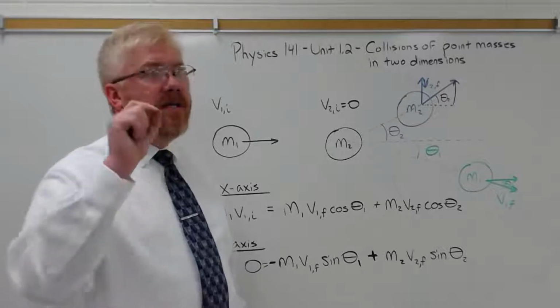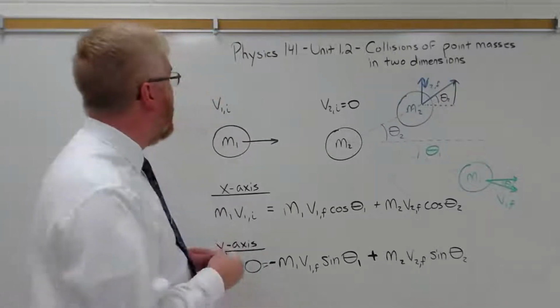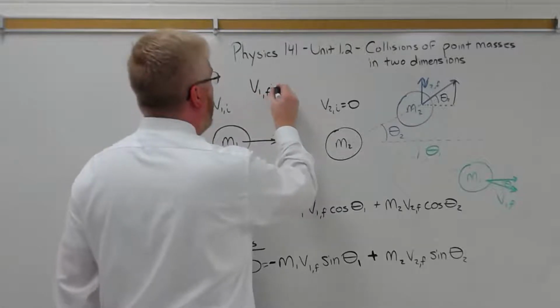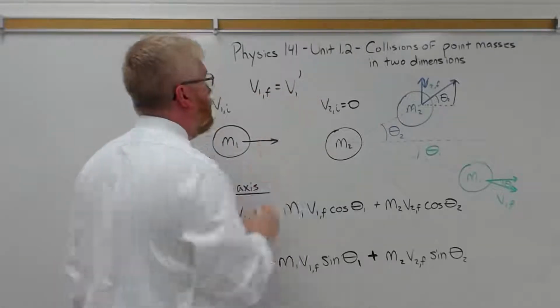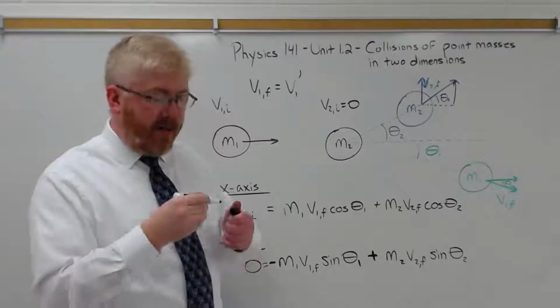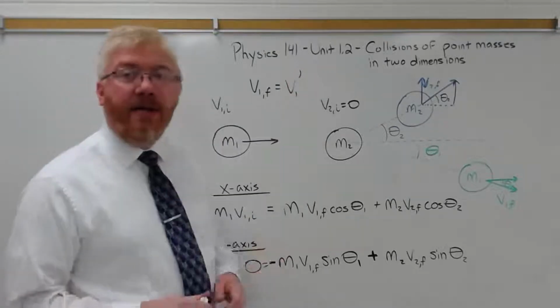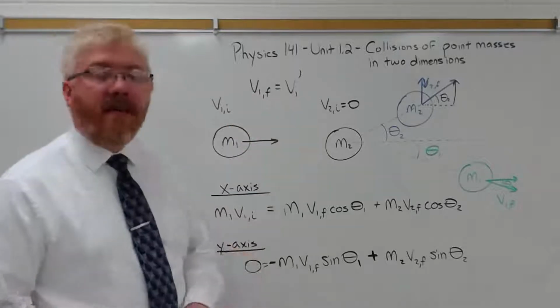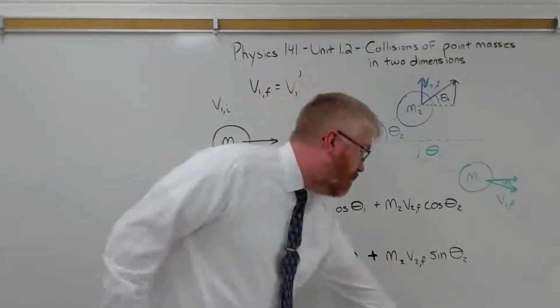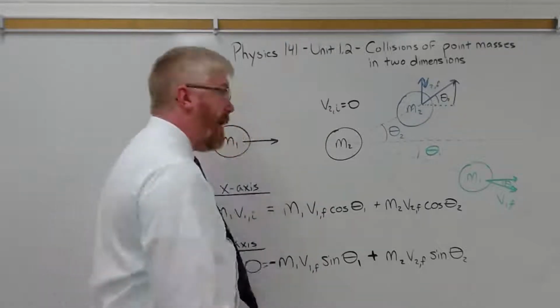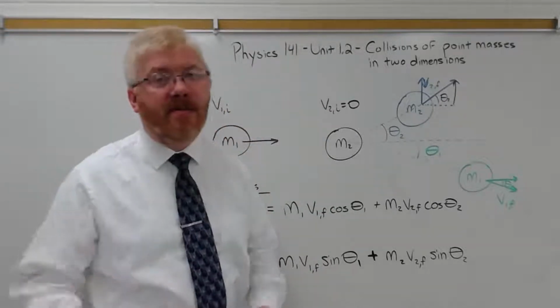Your book uses a prime rather than v1 final. Your book will say v1 and put a prime there to distinguish between before and after the collision. I'm not a big fan of that notation. That's why I explicitly state final and initial. But just note that your book and I disagree slightly with notation, but they're the same equations.